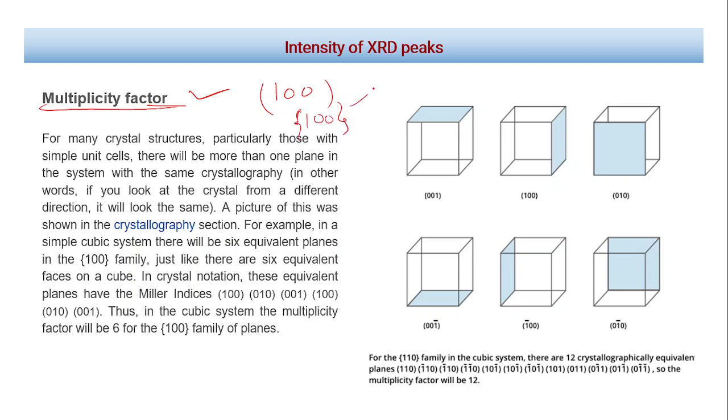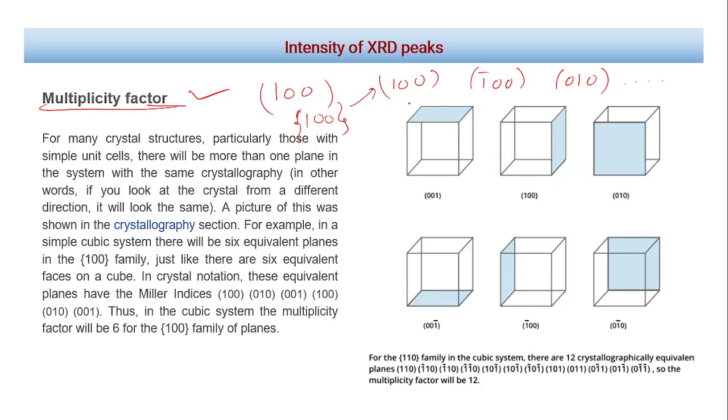When we write like this, it means all 100, 1 bar 00, or 010, all those planes. Because it's a cubic system, it could be FCC, SC, or BCC, but if it's cubic, it is symmetric, and that means this 001, 100, 010, and all these will be identical.